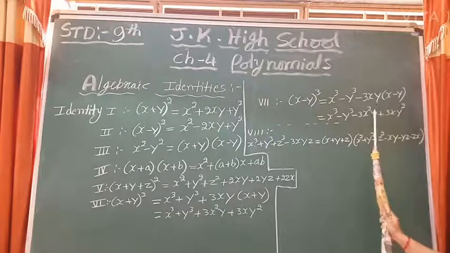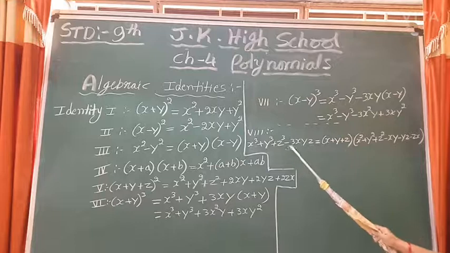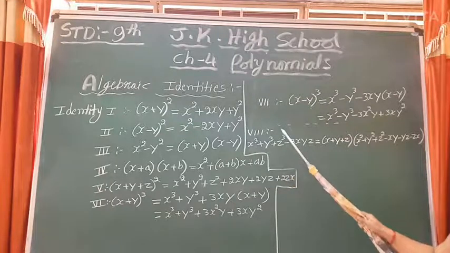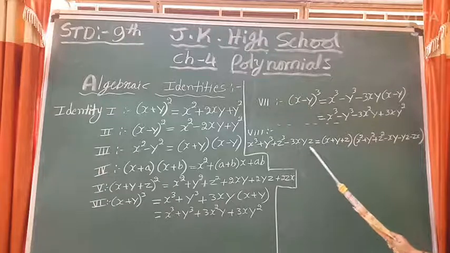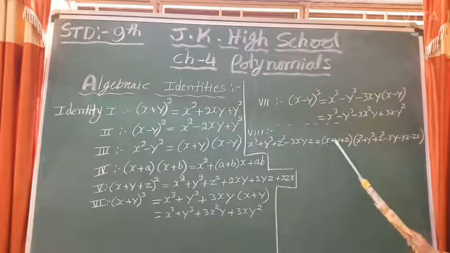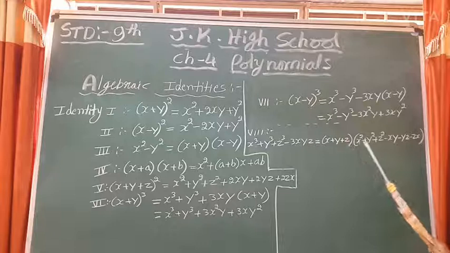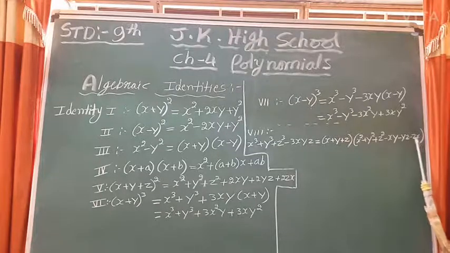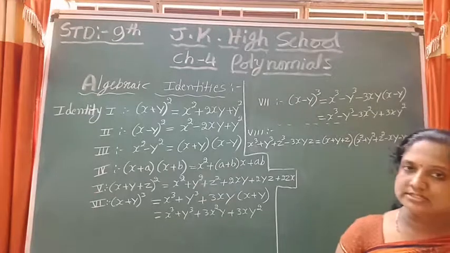So this is also one of the identities. Another one, the 8th identity, that is x cube plus y cube plus z cube minus 3xyz is equal to x plus y plus z into x square plus y square plus z square minus xy minus yz minus zx. These are the 8 identities. We are going to use these identities to solve this exercise.